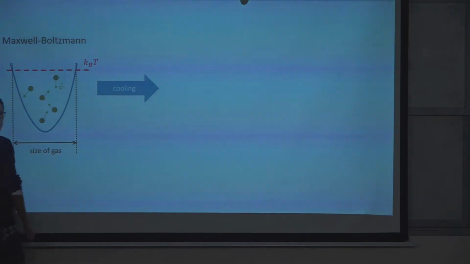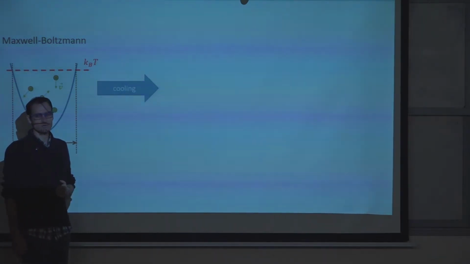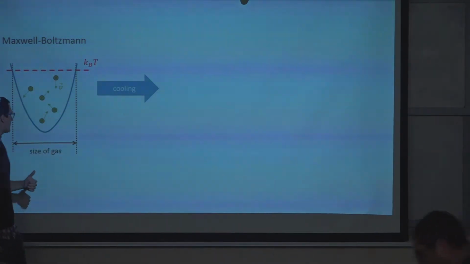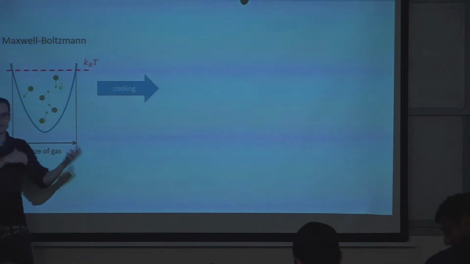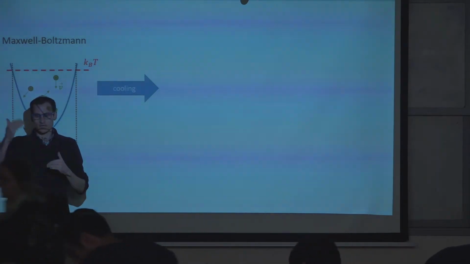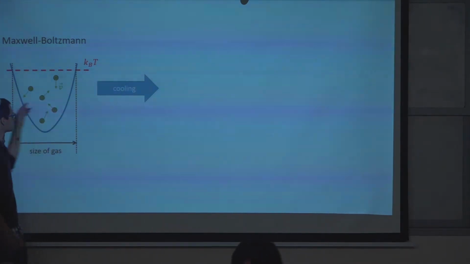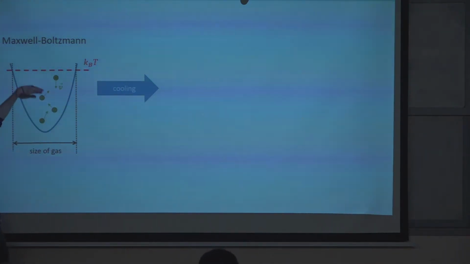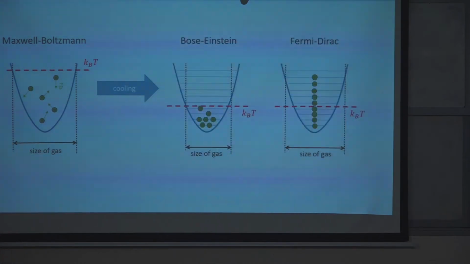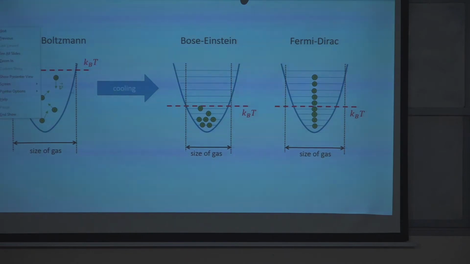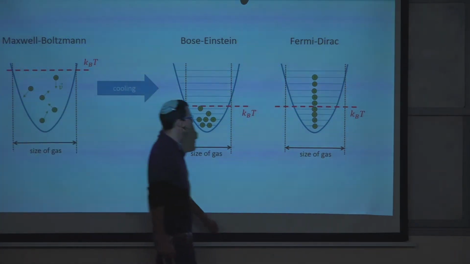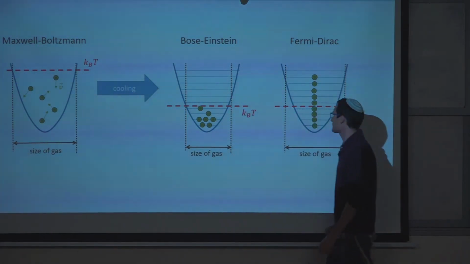So two things happen. First of all, quantum mechanics starts. When quantum mechanics starts, your energy levels start becoming discrete. So you cannot talk of velocity and position anymore, but you have to start talking about energy levels. And because this is a harmonic trap, you get equidistant energy levels. But the way the particles are distributed inside the trap depends on whether they're bosons or fermions.